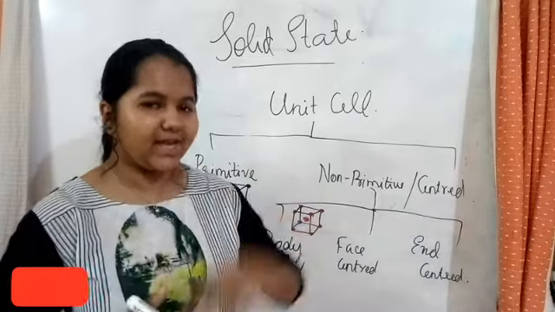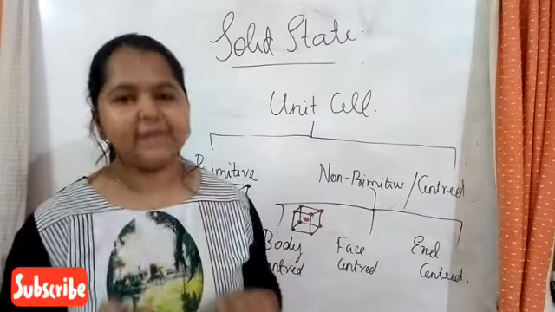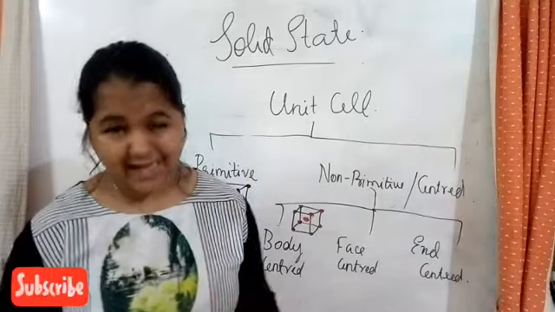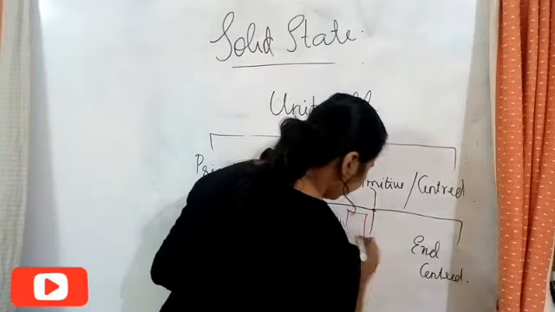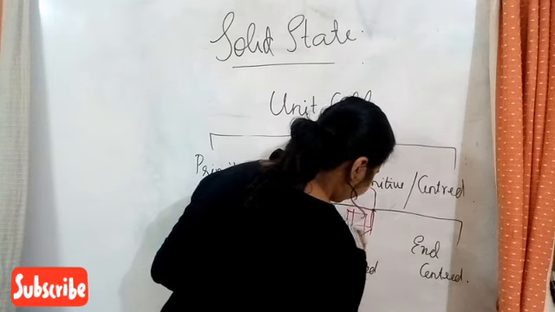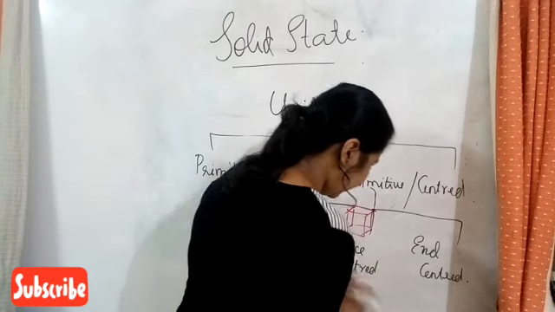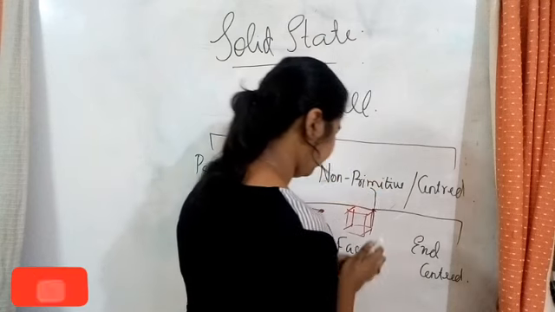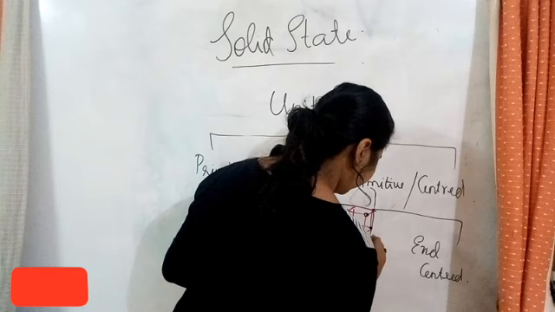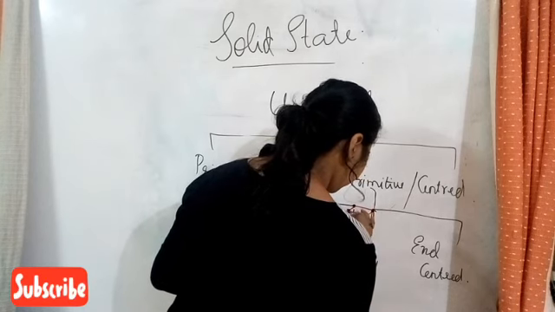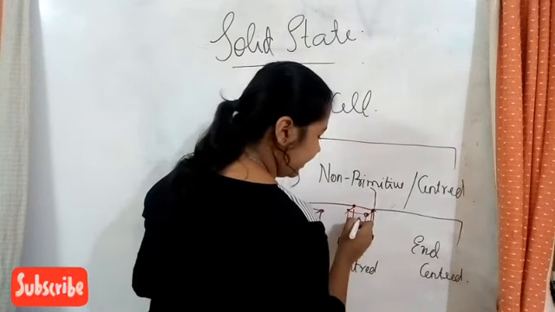To talk about face centered, what do you mean by a face of a cube? That is each side of the cube. So each side of the cube has one atom distributed. How would that look like? Here there is an atom, here there is an atom, here there is an atom. This is the back face.